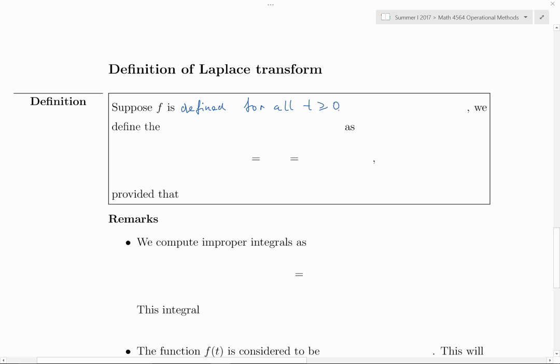We define the Laplace transform of f as, and it's denoted by a script letter L, and this is somewhat awkward to write, so sometimes we're just going to write capital F of s, meaning the Laplace transform of little f, and it's this integral.